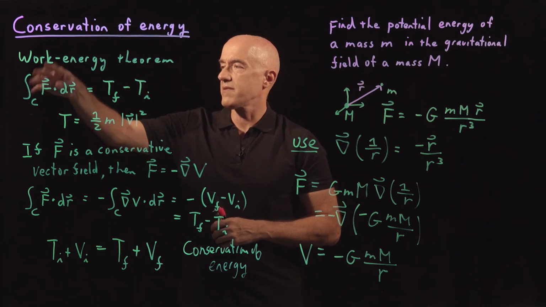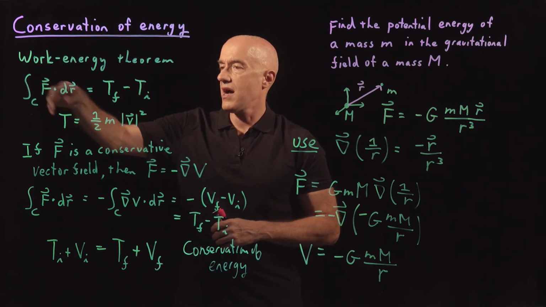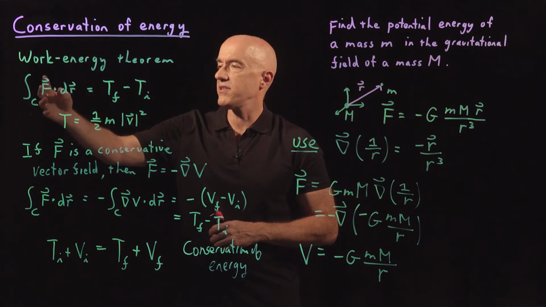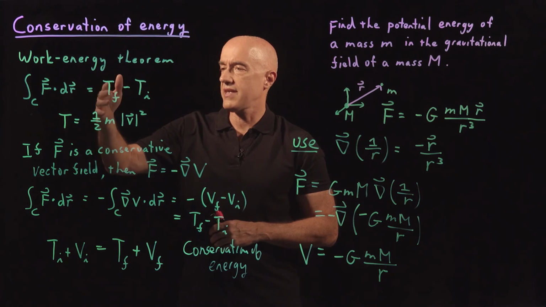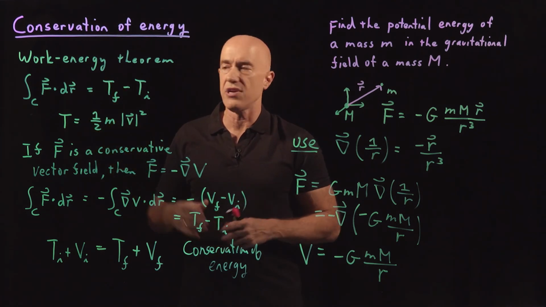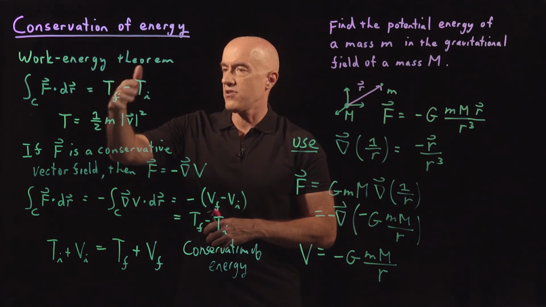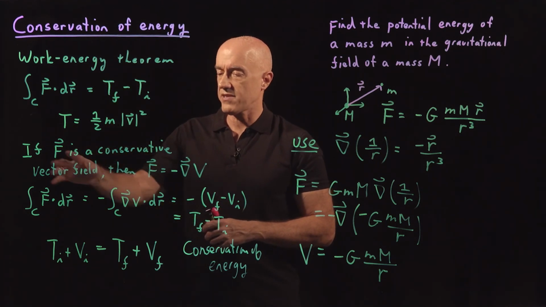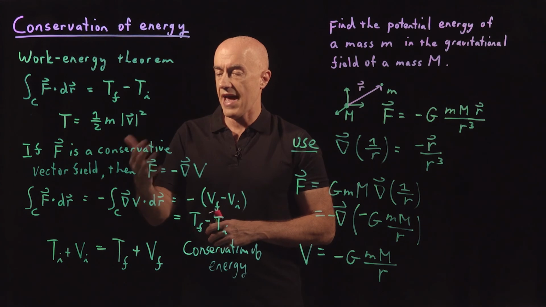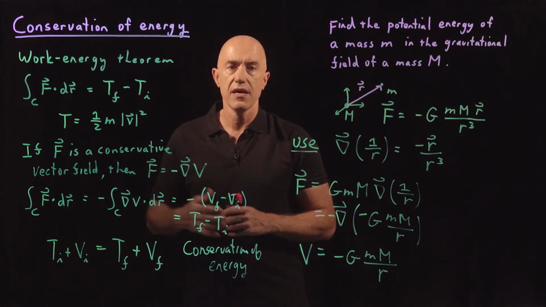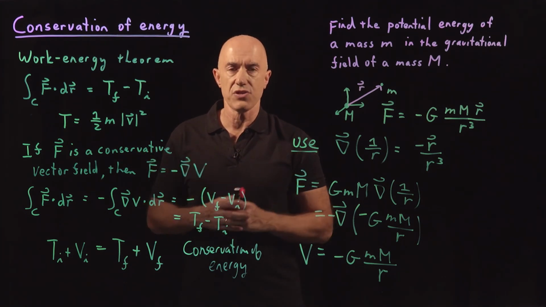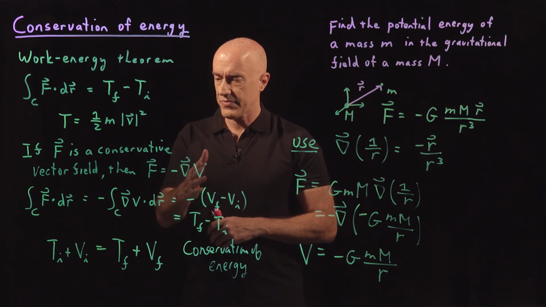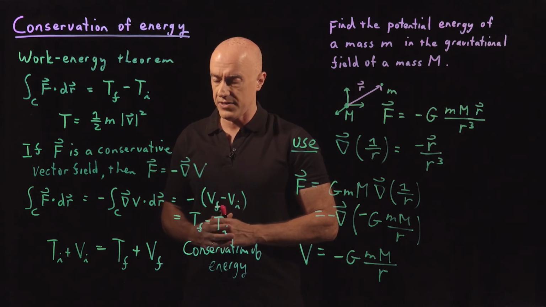So the work done by a force on a mass is this line integral of F dot dr. And that causes a change in the kinetic energy of the mass, the T final minus T initial. So if F is a conservative vector field, then we write F equals minus del V, and we call V the potential energy of the mass in this force field.